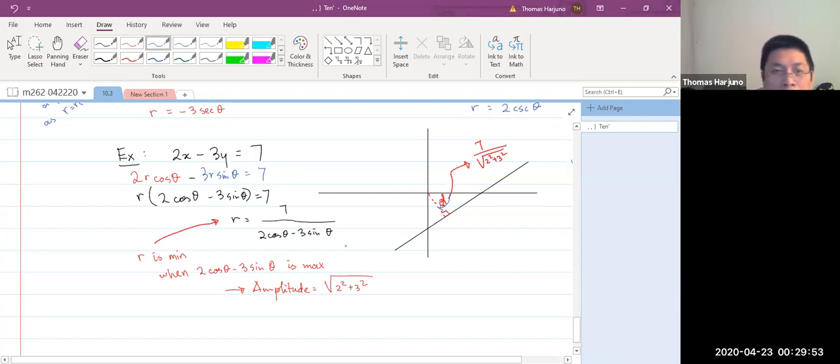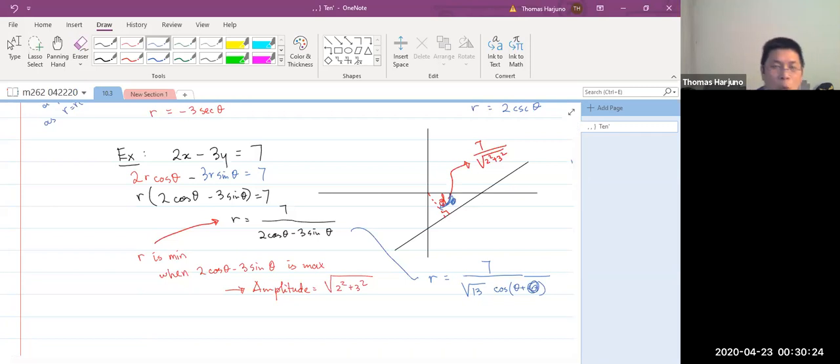Well, anyway, you can actually rewrite this as r equals 7 over square root of 13 cosine of theta plus some angle, okay, and that angle here is the angle here.